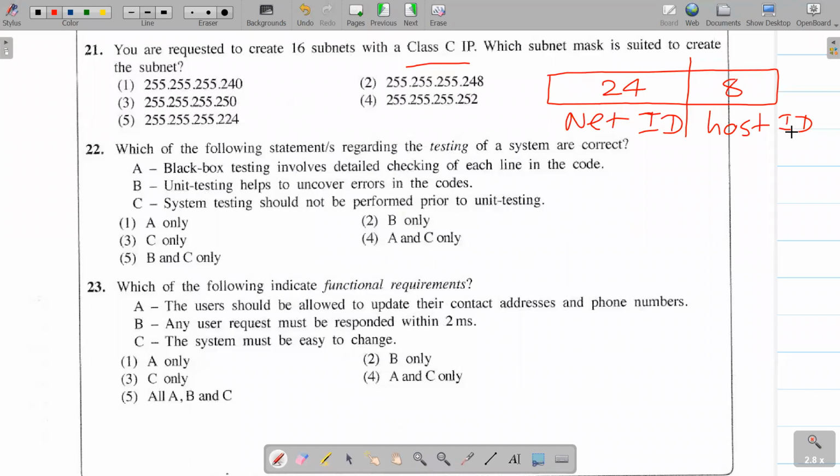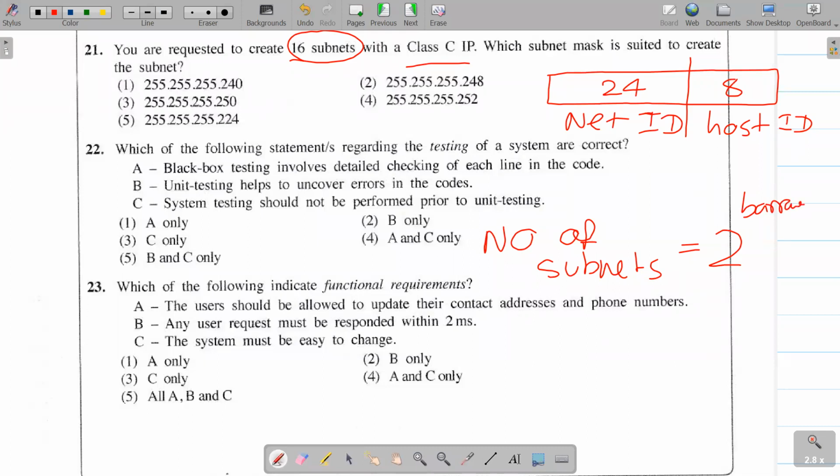And it is asking to create 16 subnets. How many bits do you need? That can be found from this equation: number of subnets equals 2 to the power of borrowed bits, or subnet bits.